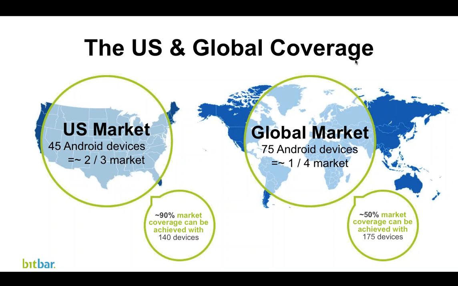And if you want to cover the majority of devices, you need to add something like 140 to 175 devices for your test automation. With Bitbar public cloud, also known as Testdroid Cloud, that's no big deal. It can be easily adapted, and you can enable testing on those devices.